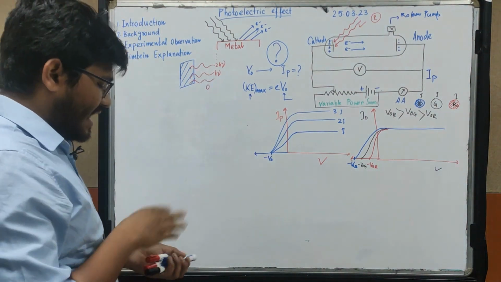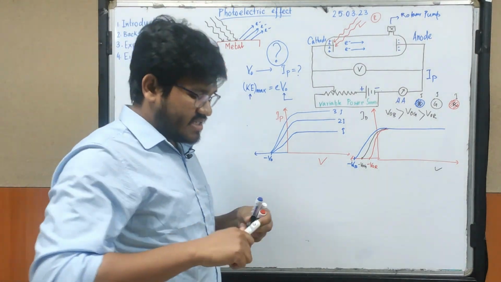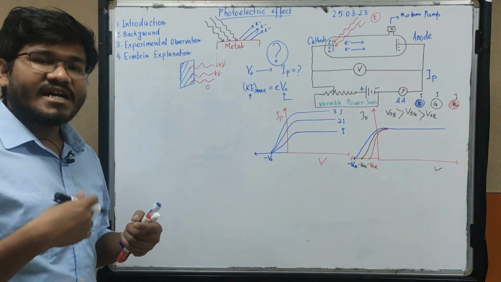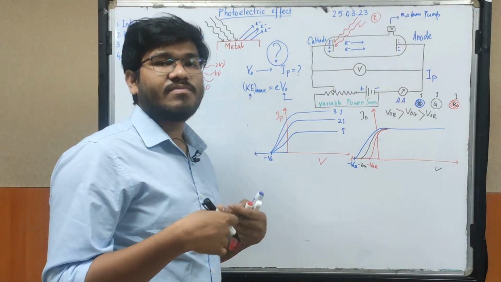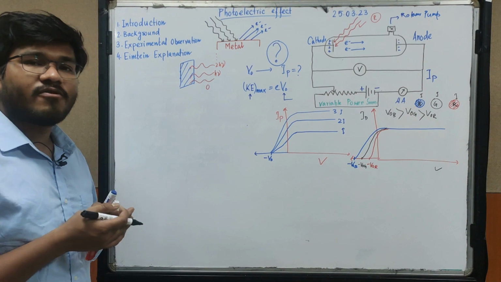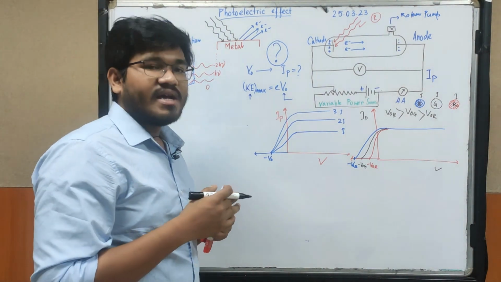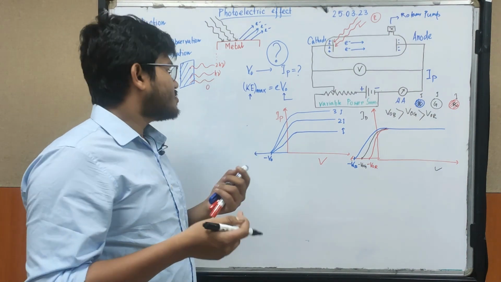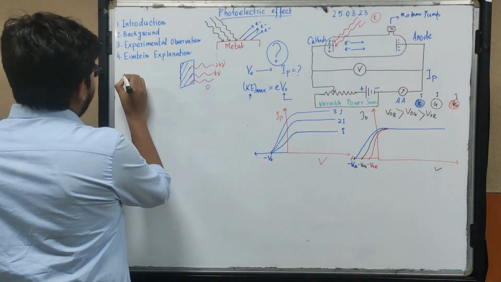So Einstein took that idea, and Einstein said that light is nothing but a stream of particles which are known as photons. So light consists of photons, and these photons carry energy in bunches or in bundles. So it can carry energy in certain values.